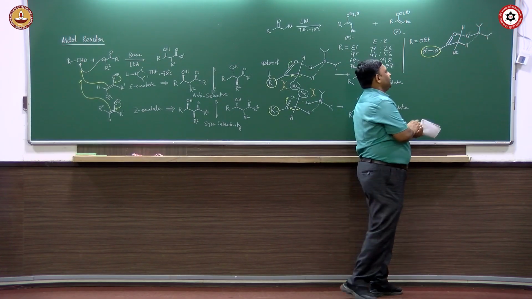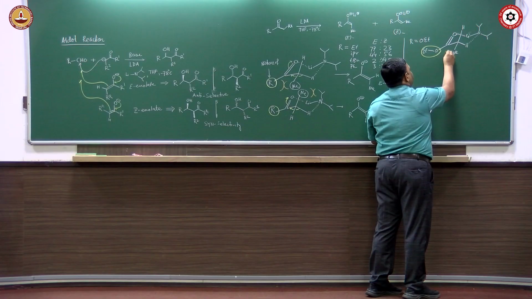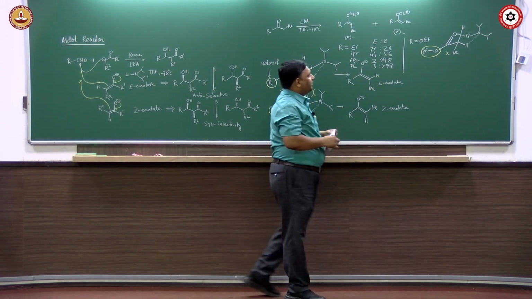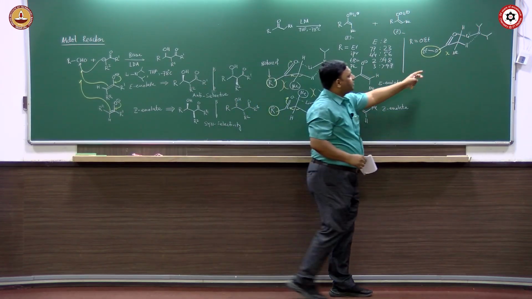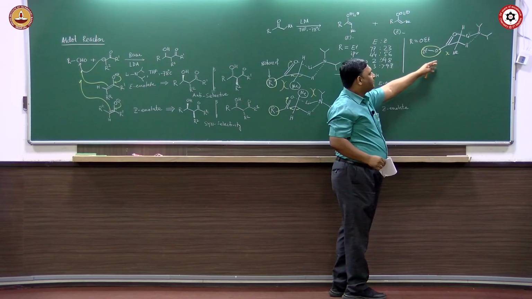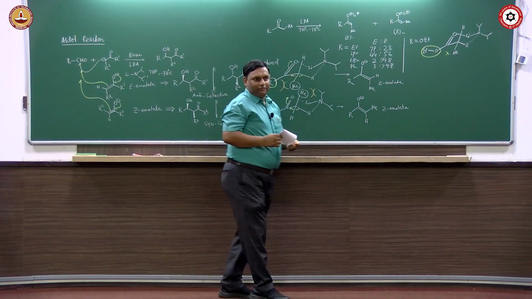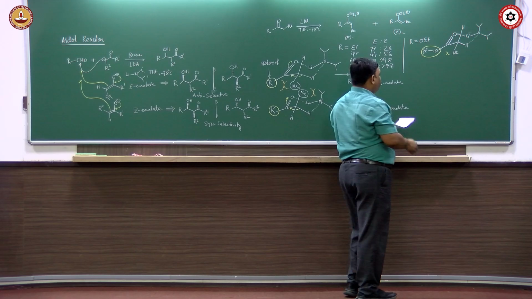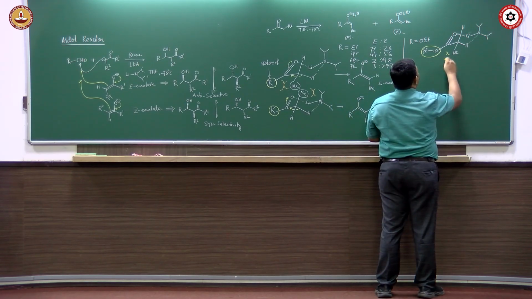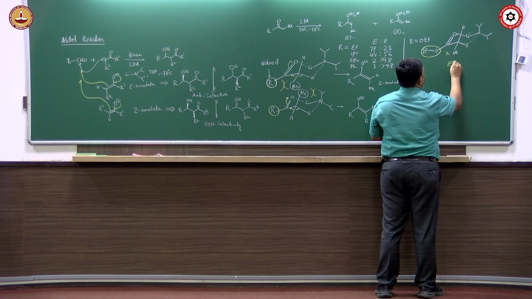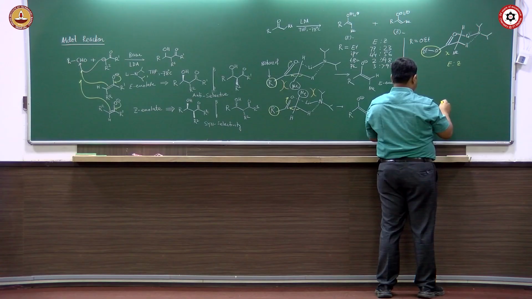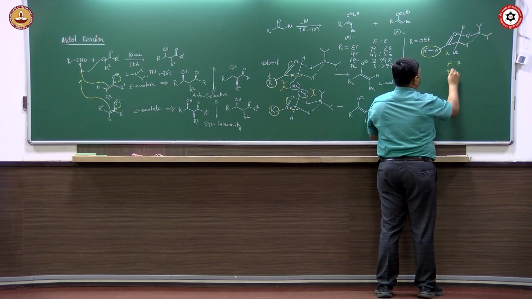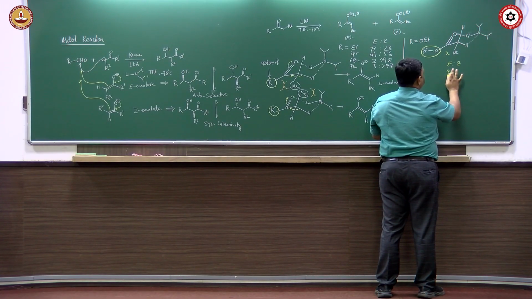So, this interaction is not very significant. That means it will prefer majorly the E configuration, correct. So, if you think about R is equal to ethyl, the E to Z ratio is coming 96 or 94 to 6.